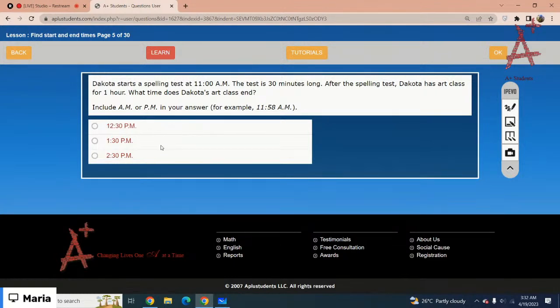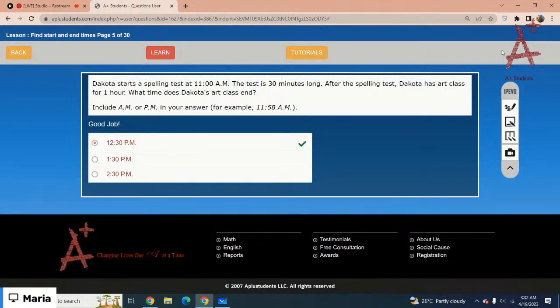Got it? She started at 11 and you have to add 1 hour 30 minutes, so it would be 12:30. Got it?